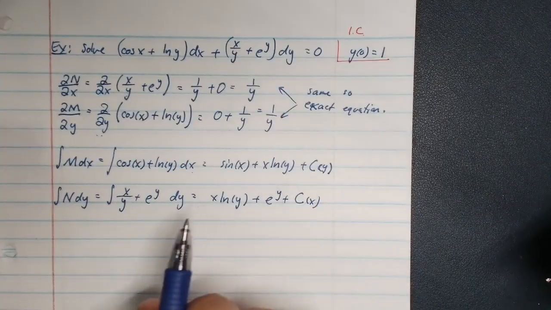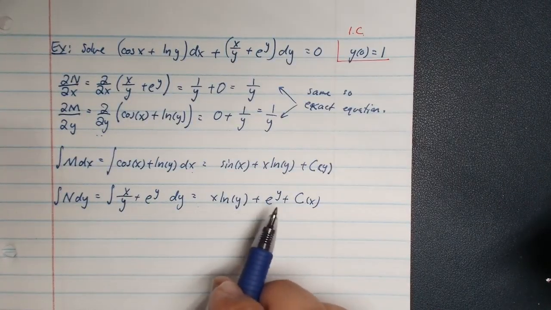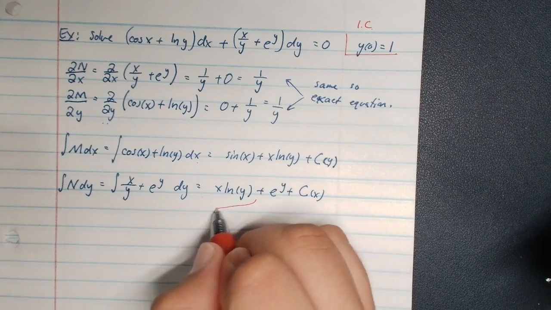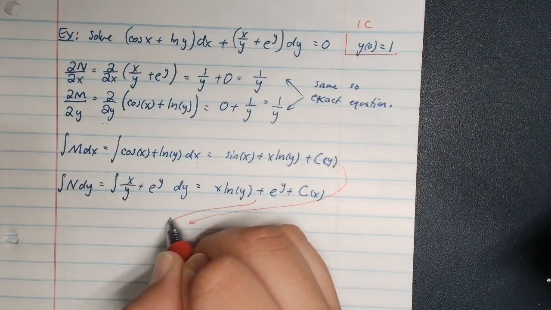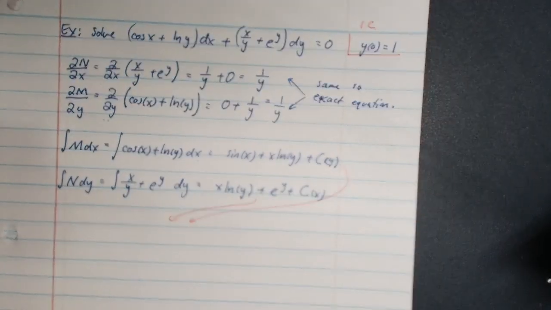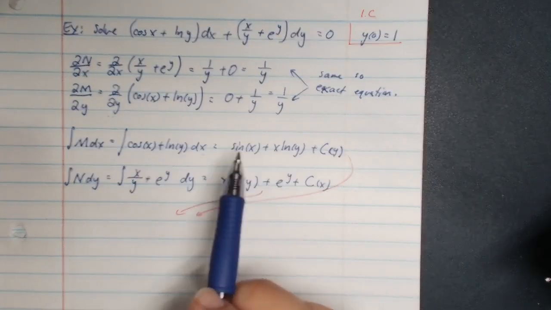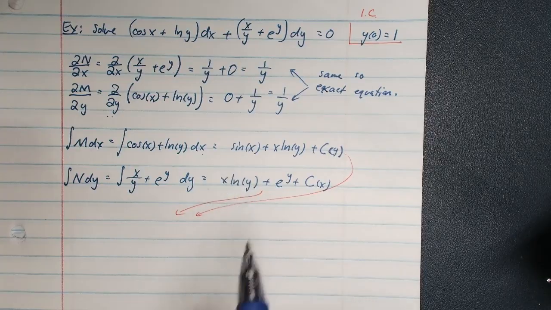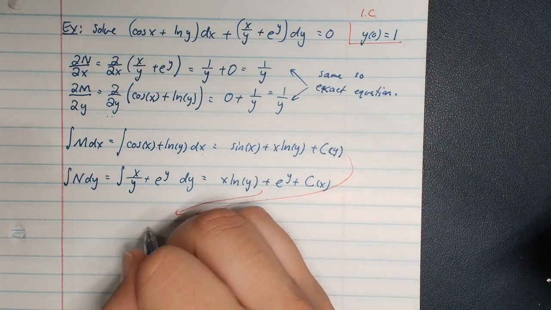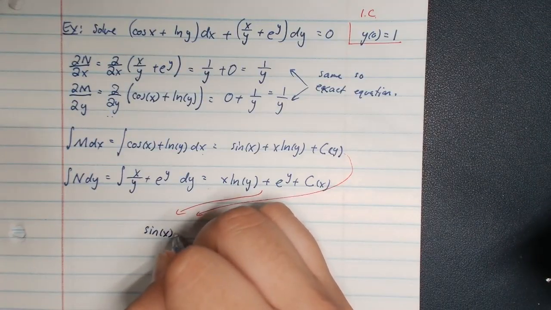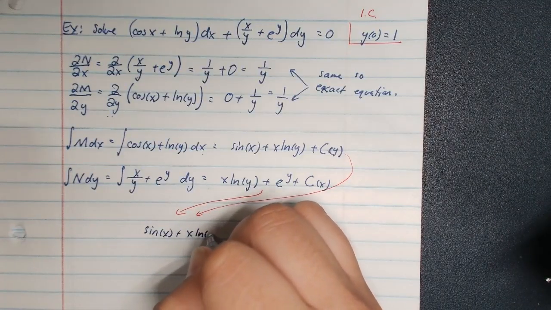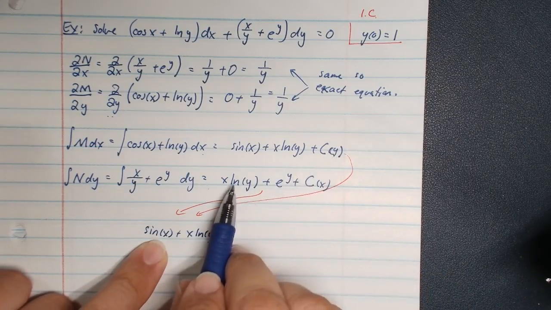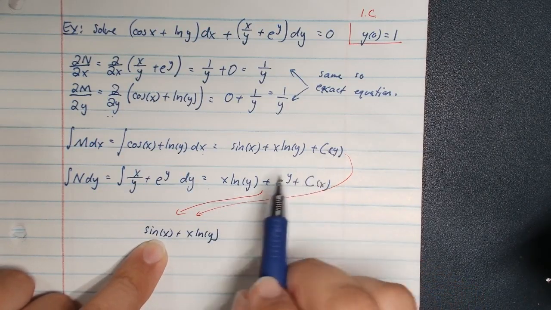Now we're going to go ahead and join these together to find our function f. We're going to take the union of these terms. And the easiest way to do that is to just pick one of them, it doesn't really matter which one, and write it down in full. I'll start with the top one. Sine of x plus x natural log y. I'll leave the constant off until the very end. Coming down over here, let's see what I still need.